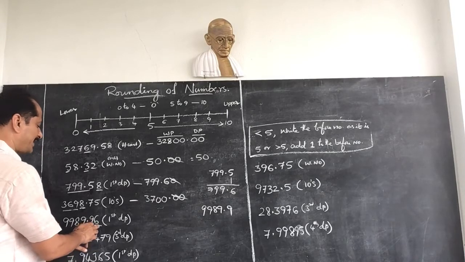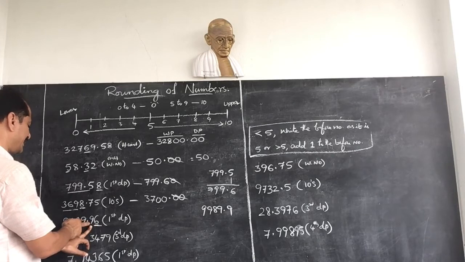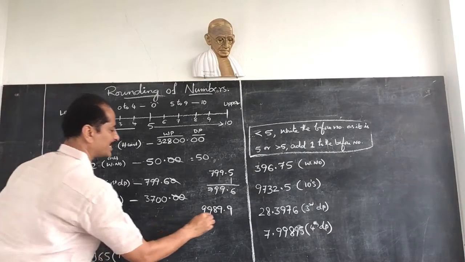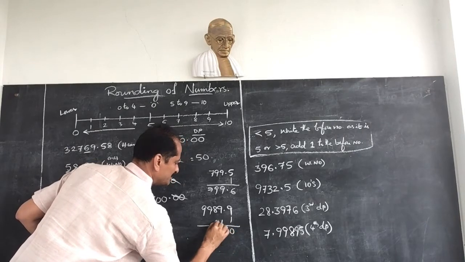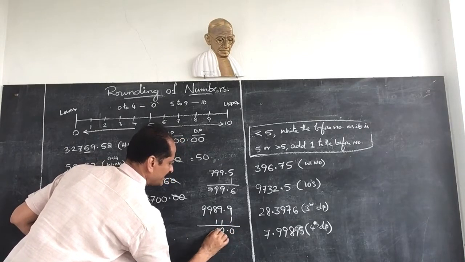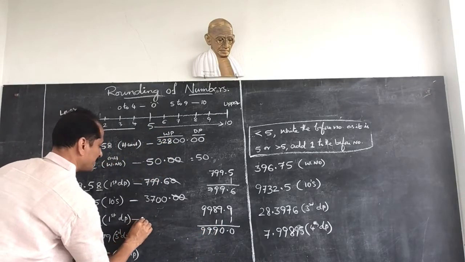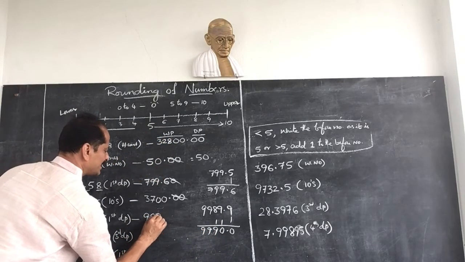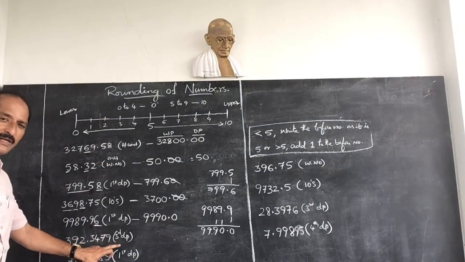If it is more than 5, add 1 to the before number. So 9 plus 1 is 10, 9 plus 1 is 10, 8 plus 1 is 9, 9, 9. So rounding to the first decimal place gives 9990.0.